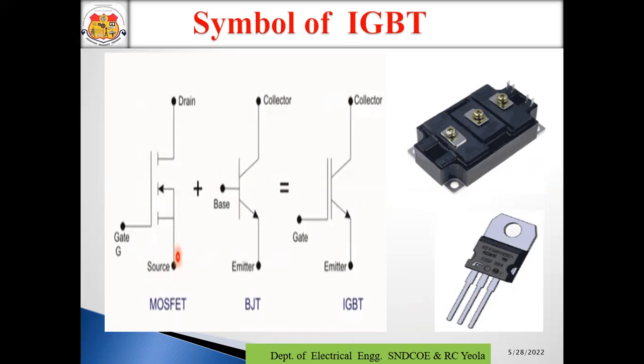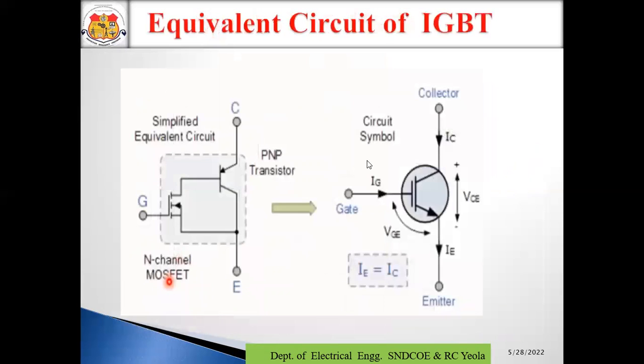In this figure, you can see the physical structure of the IGBT. So IGBT looks like this type of structure. Here you can see the equivalent circuit of the IGBT. Under this diagram, you can see the equivalent circuit of the IGBT. There are three terminals: gate, collector, and emitter. So this is the MOSFET.